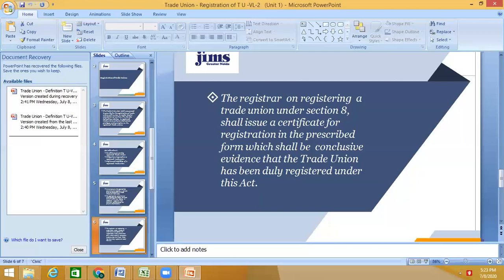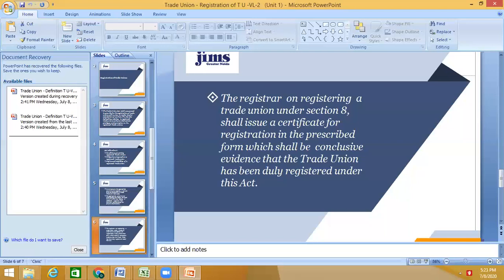And the other important thing for the registration of a trade union, which is related to the rules of the trade union, is the conditions under which any member shall be entitled to any benefit assured by the rules, and under which any fine or forfeiture may be imposed on the members.